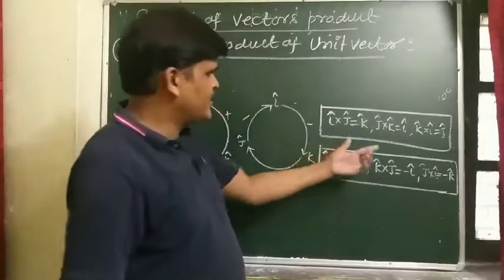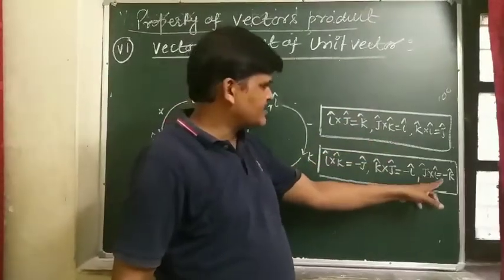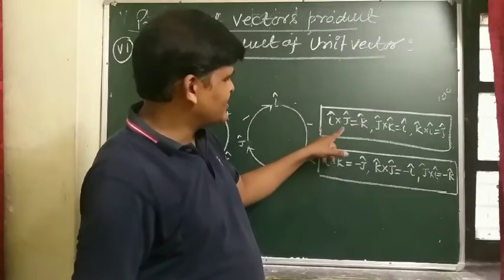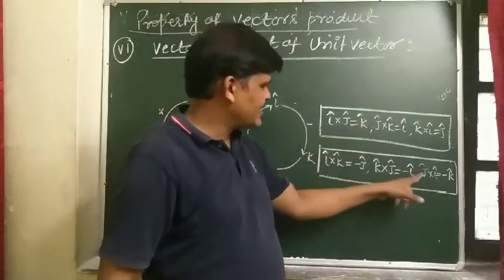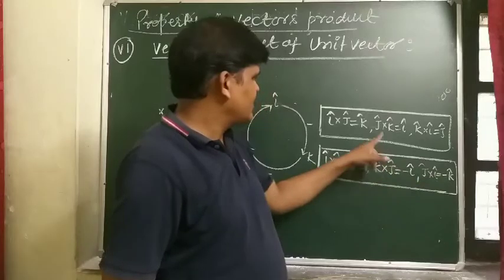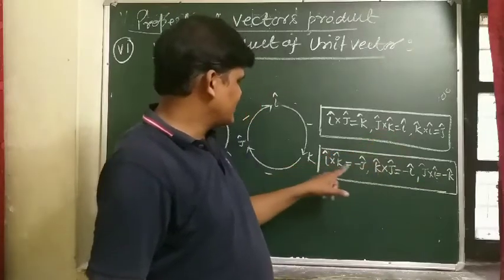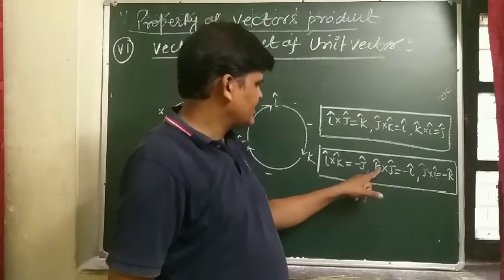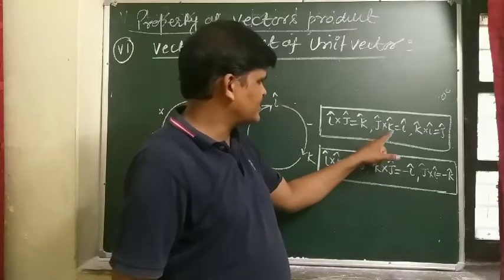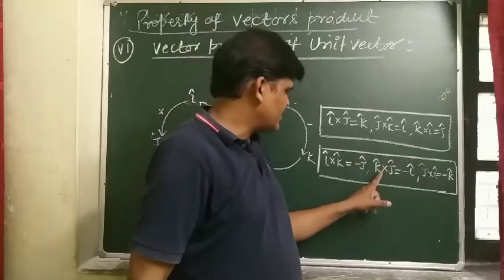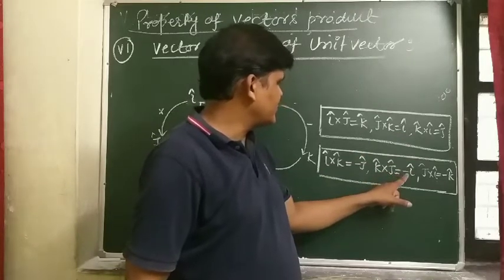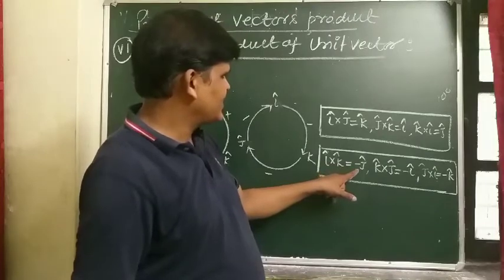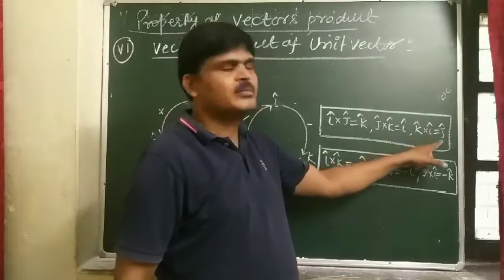So see, i cross j is plus k, j cross i is minus k; j cross k is positive i and k cross j is minus i; i cross k is minus j and k cross i is plus j.